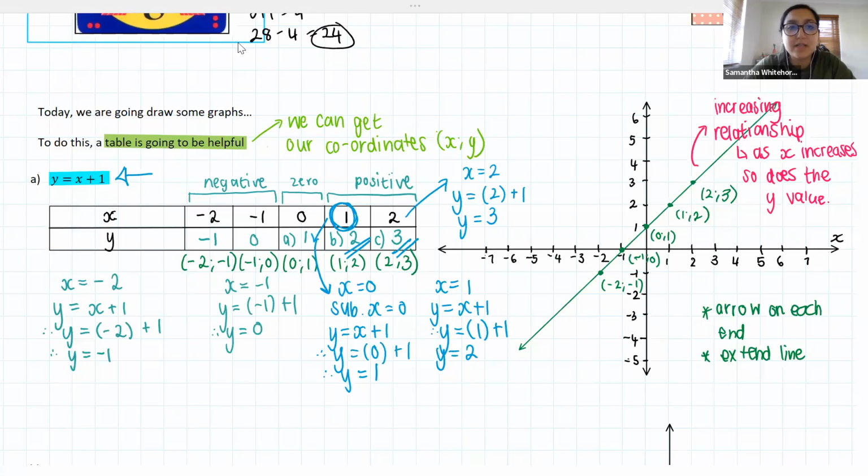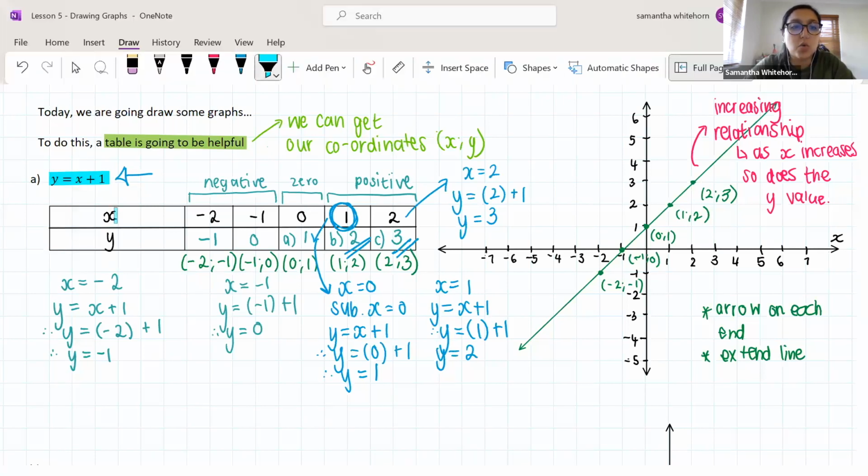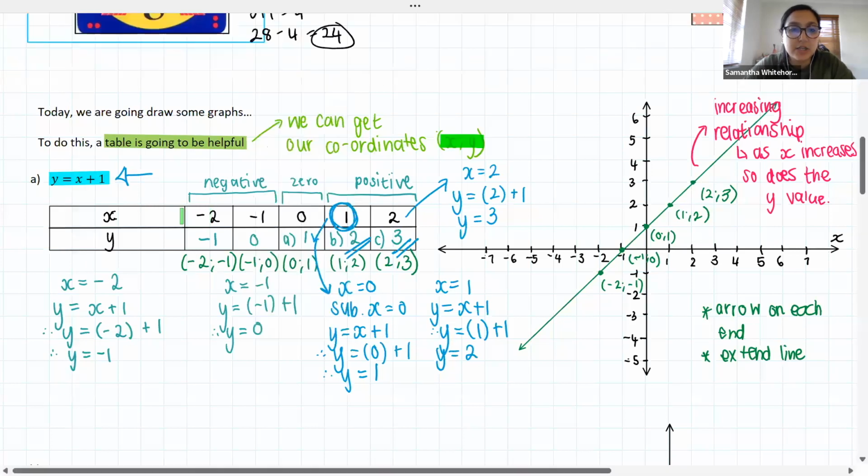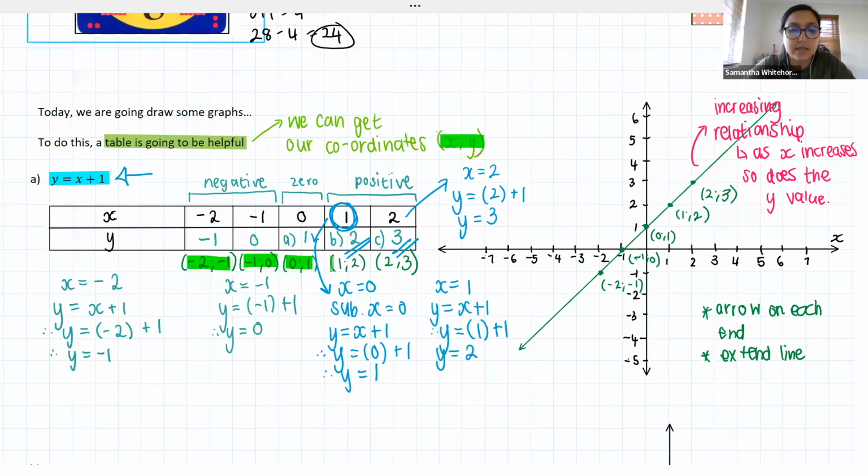Once we have X and Y, remember what you now have is your coordinates. A coordinate, as I've written up here, is an XY value. X and then Y, X and then Y, X and then Y, etc. Once I have those values, I can now plot them onto my Cartesian plane.